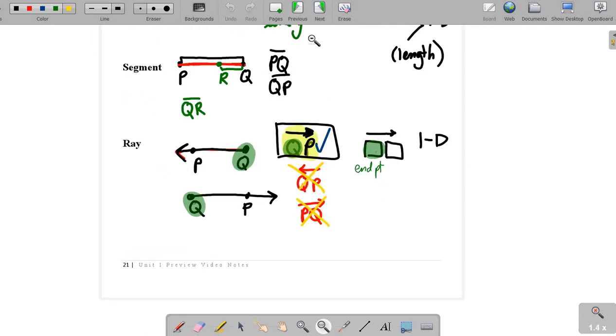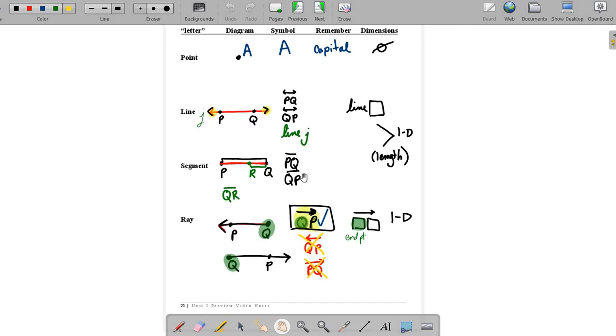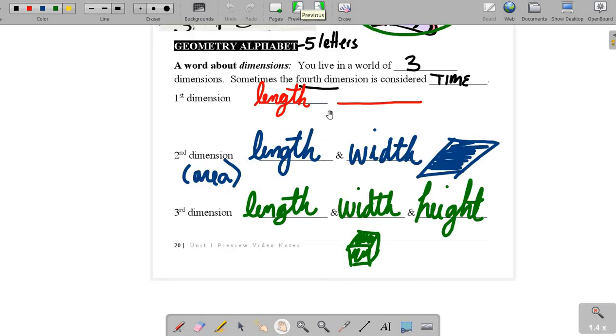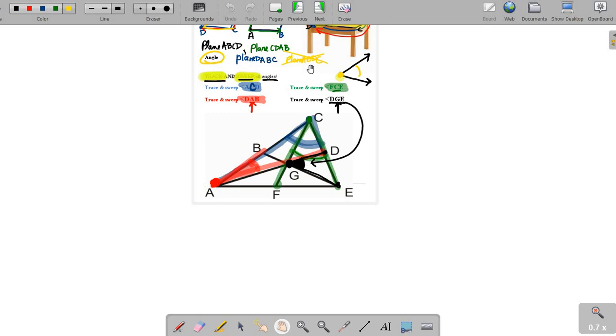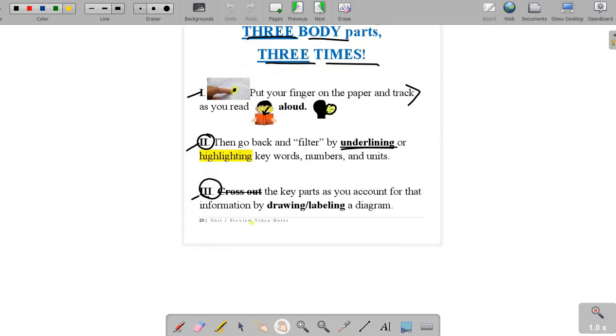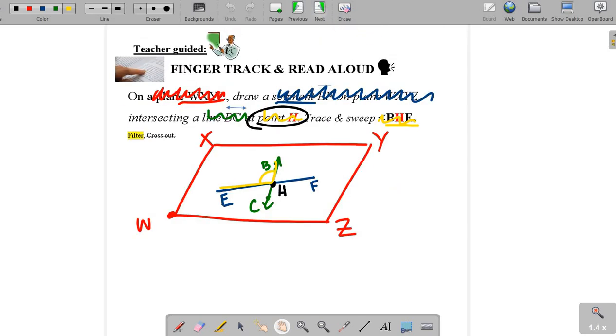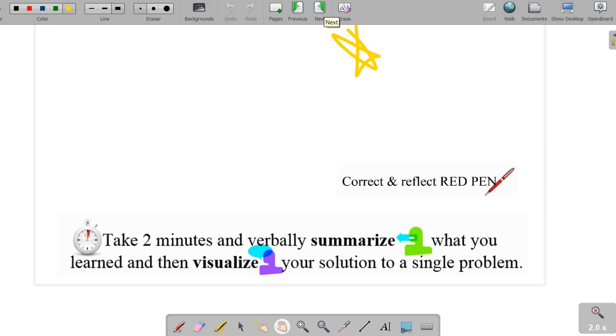Just take 2 minutes and recap each page, just briefly, a total of 2 minutes. Not 2 minutes each, just 2 minutes total, and recap every single page. What was the main idea? That will increase both your retention and your comprehension.